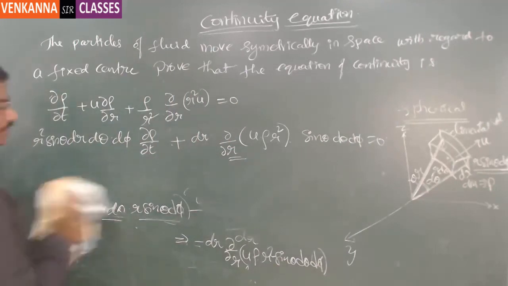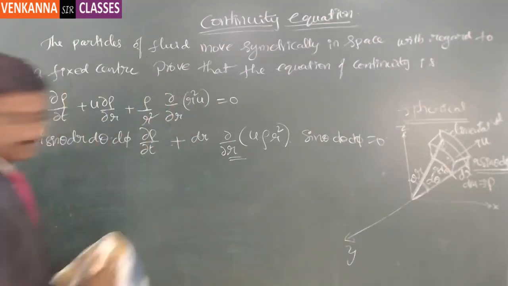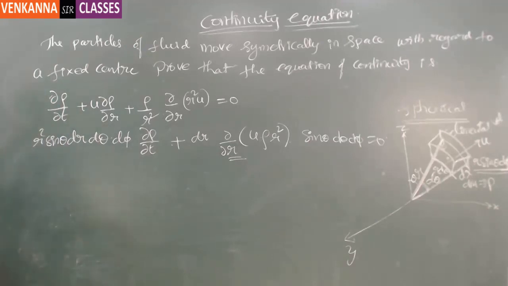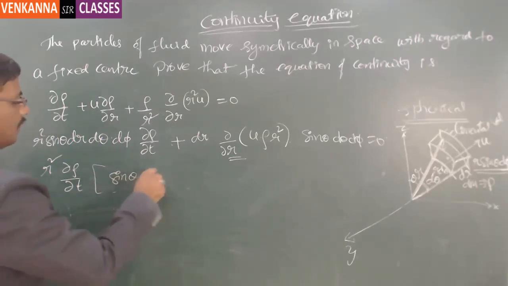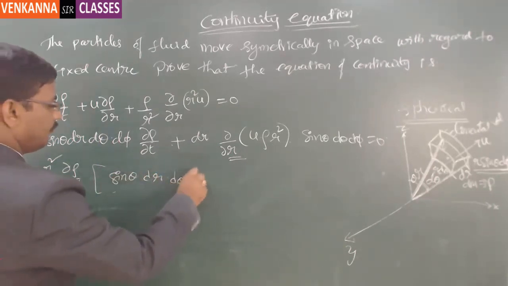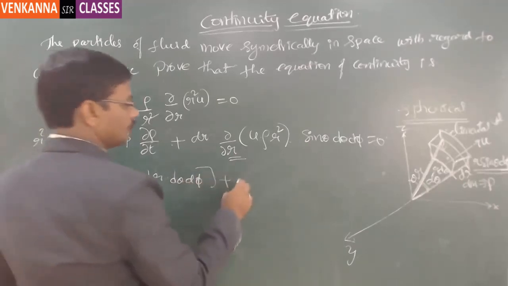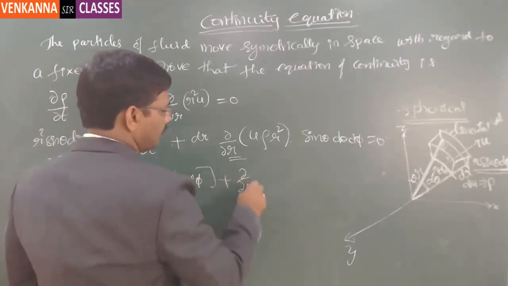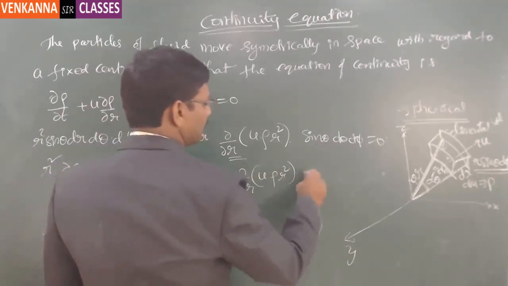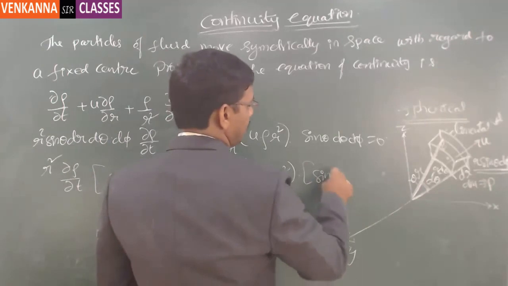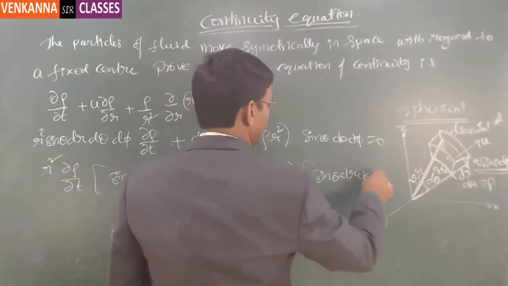Now this continuity equation, if you further simplify it, will be r square into dou rho by dou t into sin theta into dr d theta d phi plus dou by dou r into u into rho into r square into sin theta into dr d theta d phi.